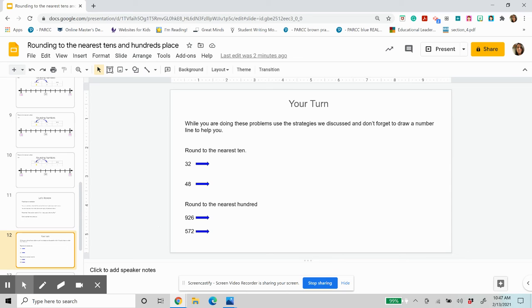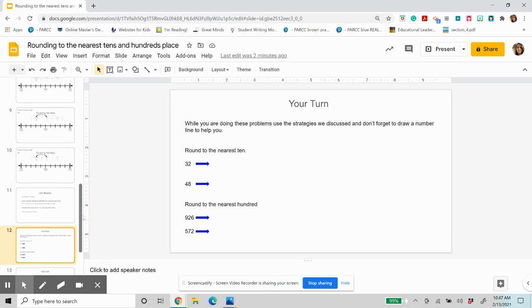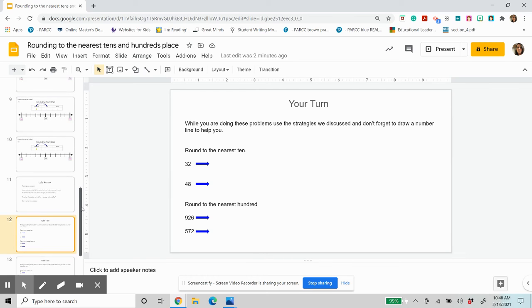And then when you're finished, you can unpause it to see how you did and check your answers, okay? And again, do the work out so that you can see, oh, I wrote the wrong 10 down, or I wrote the wrong 100 down, or, oop, I just made a mistake. So that way you can ask the teacher some questions, if you are confused.